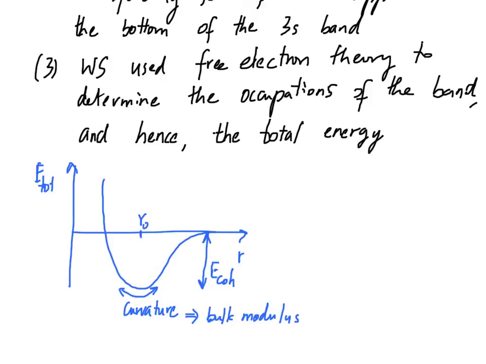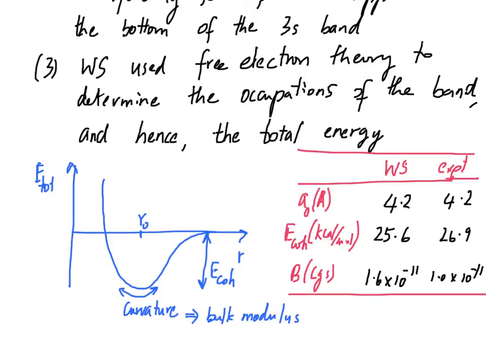In addition, this energy difference over here is what we call the cohesive energy. That is the energy required to take the solid and convert it to a bunch of isolated atoms, right? So using this scheme, we can compute the cohesive energy. In addition, the curvature at the minimum is related to the bulk modulus. So by evaluating the curvature, you can actually determine the bulk modulus itself.